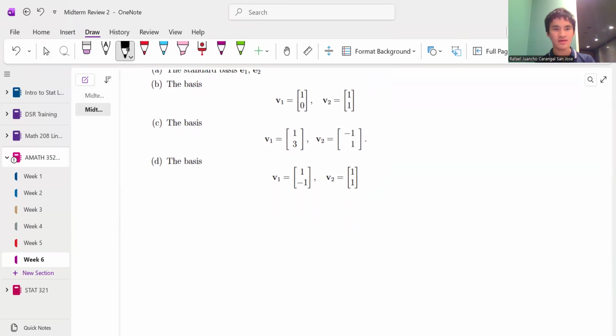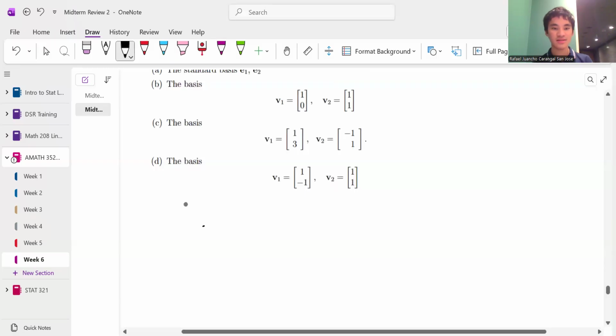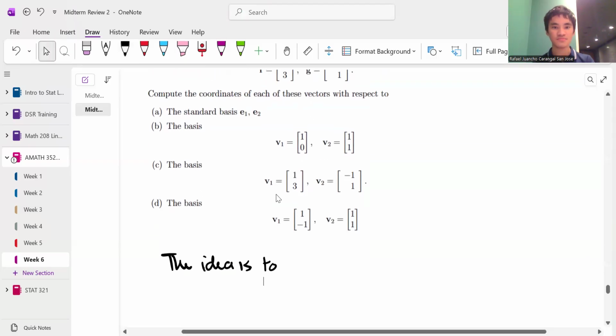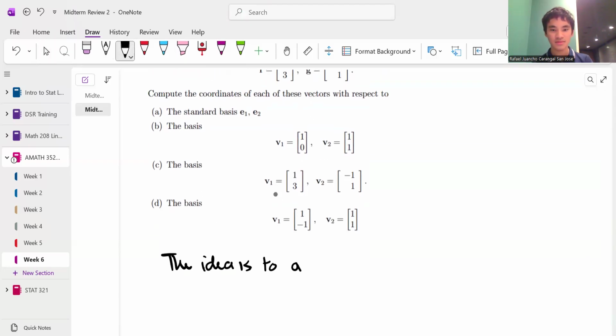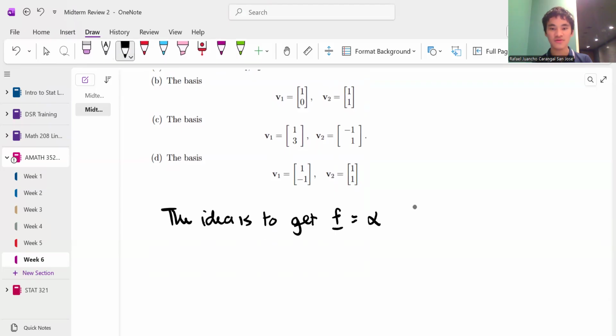So the idea, here's the bottom line: to get, say, that vector f, we want to see if we can write it as a linear combination of these other guys.